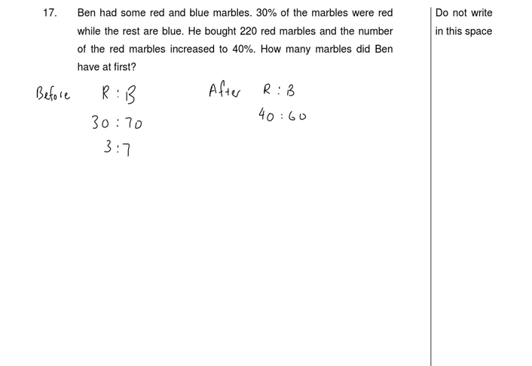Okay, since one quantity remains unchanged, Isabel, which one remains unchanged? Blue, right? But we have 7 and 3. What should I do next, Lauren? I must find the lowest common multiple, right? When I find the lowest common multiple of the blue, what did I get, Adriana?